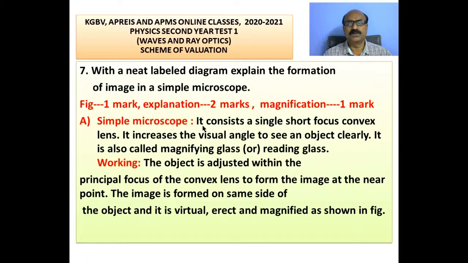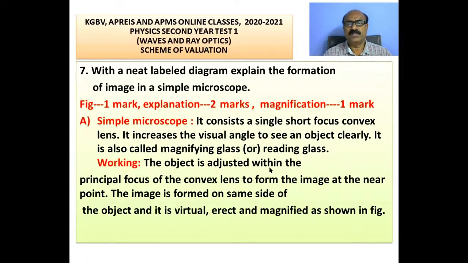The simple microscope consists of a single short focus convex lens. It increases the visual angle to see an object clearly. It is also called a magnifying glass or reading glass. So this is all regarding the simple microscope working.